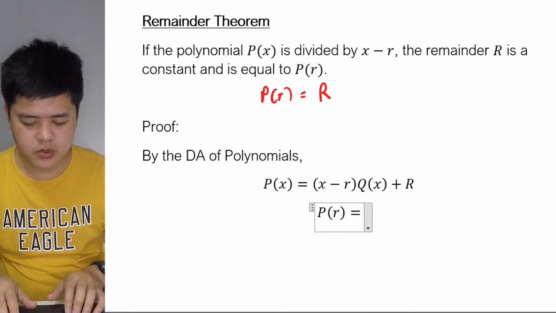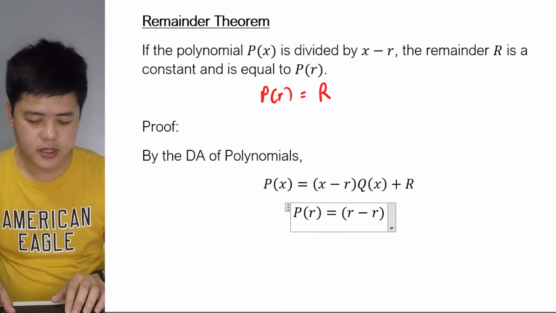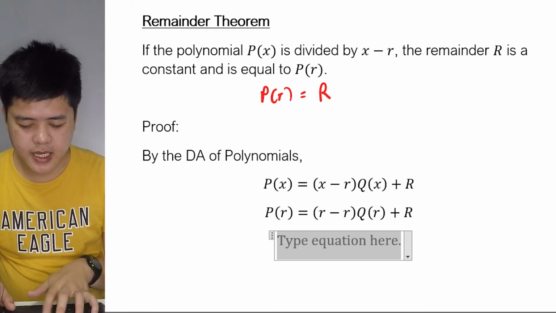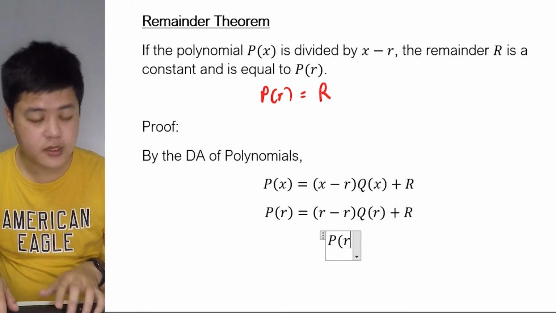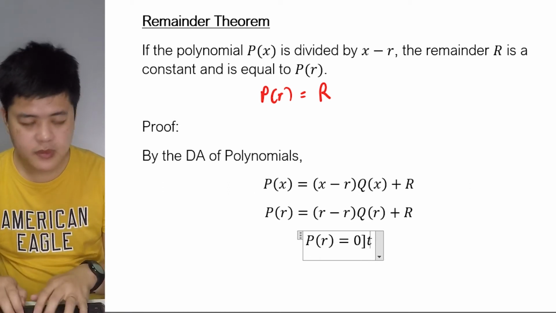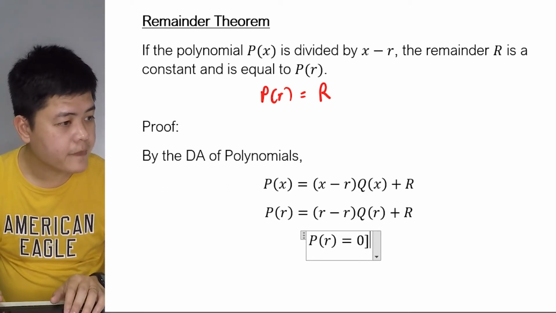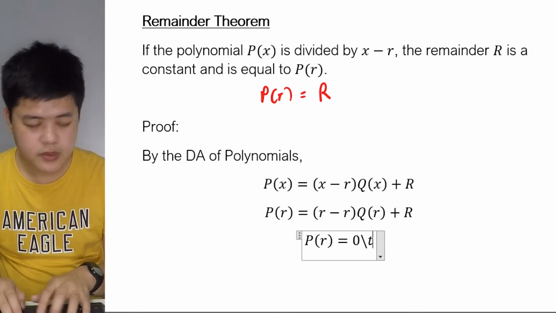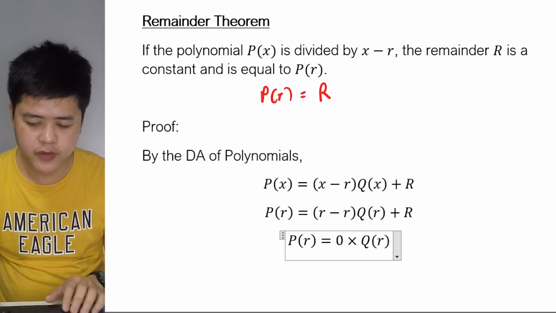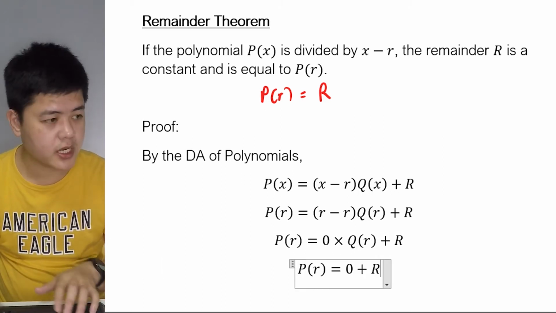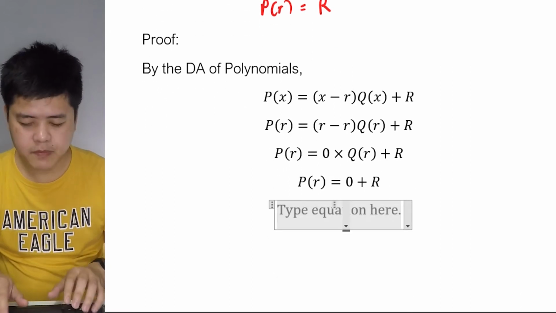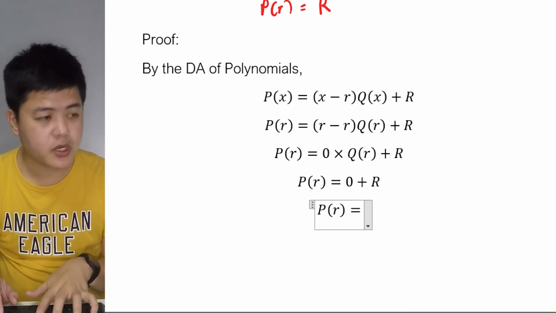So it's equivalent to r minus r times q of r plus r. And in that case, r minus r is 0, 0 times q of r, whatever q of r is, plus r. Thus, we have p of r is equal to r.